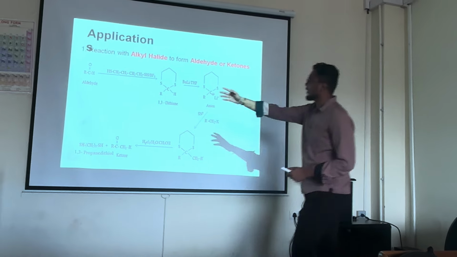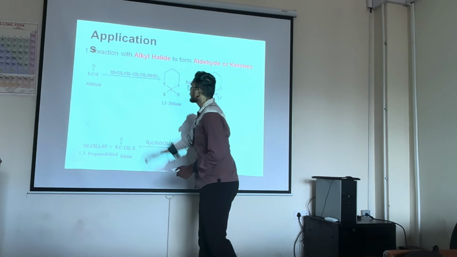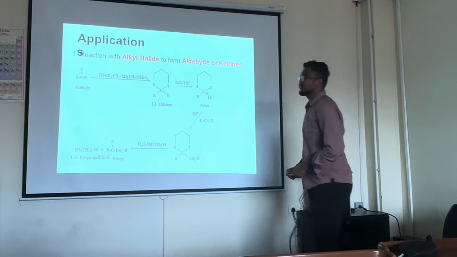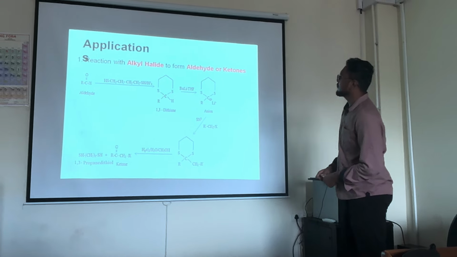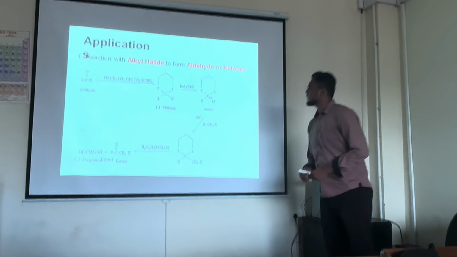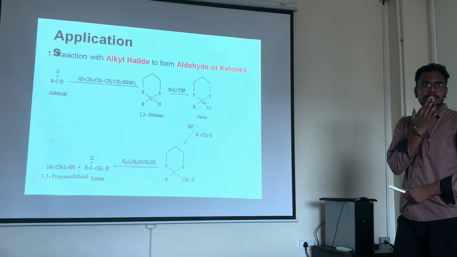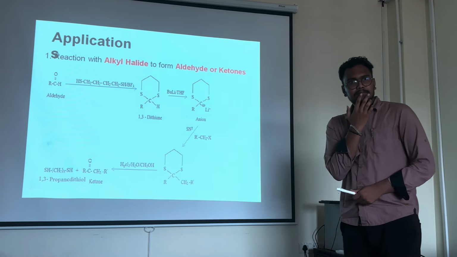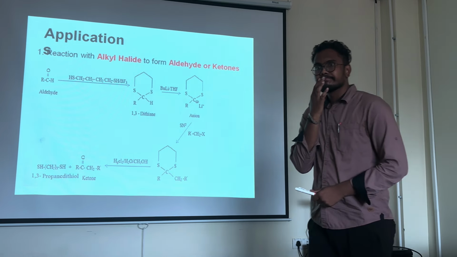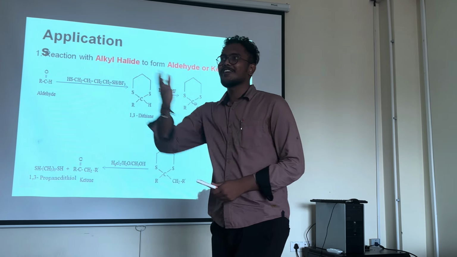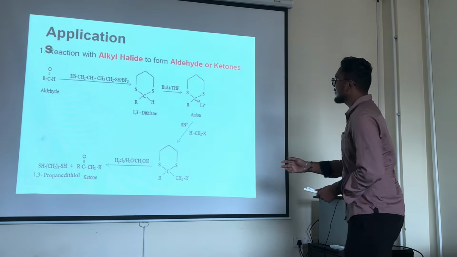When an alkyl halide reacts with 1,3 dithiol with BF3 acid, what is BF3? Lewis acid or Lewis base? Earlier I discussed the Lewis acid. It is a Lewis acid.